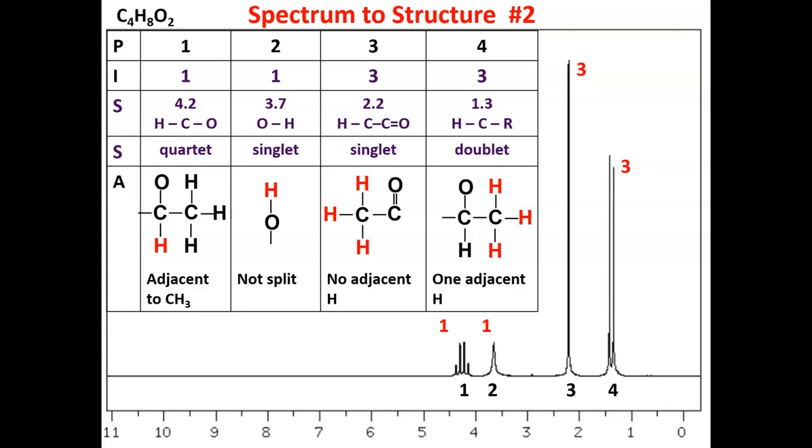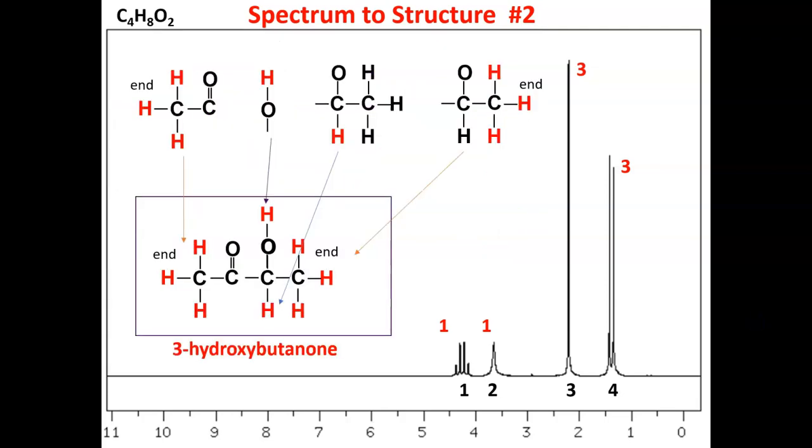So our single H on the carbon bonded to an oxygen must have a methyl group on the other side. OH groups, like NH groups, are never split because, of course, the H is bonded to an oxygen, not a carbon.